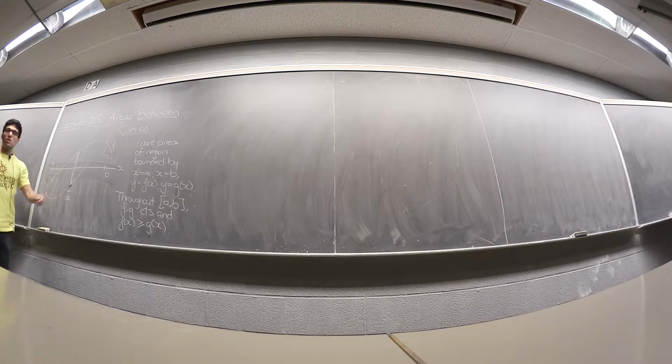The height of this slice, which looks essentially like a rectangle because it's so thin, an impossibly thin rectangle, its height is given by the top value minus the bottom value. So the height is f at x minus g at x. Okay?